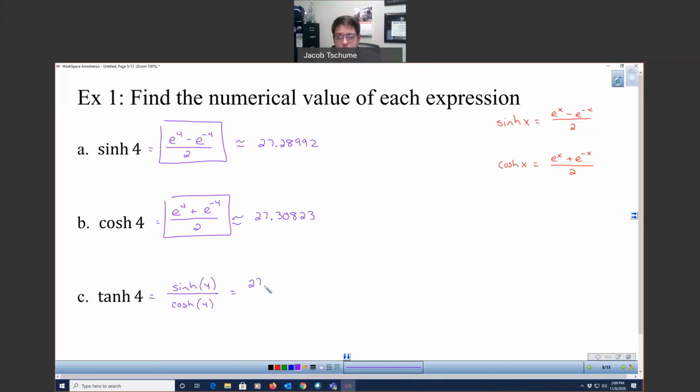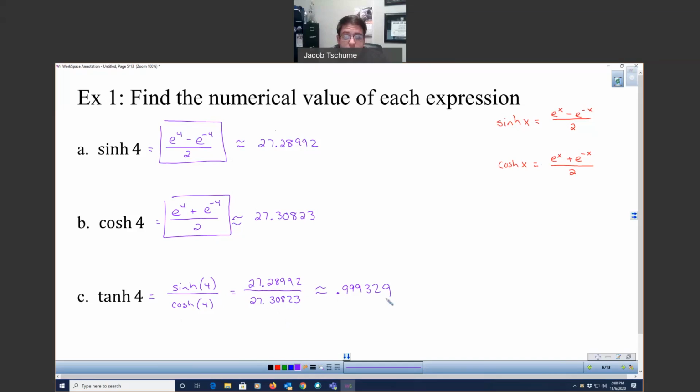So this would be the 27.28992 I found on the first part, divided by the 27.30823 I saw on the second part. And if you type that into your calculator, you're going to get a number very, very close to 1. How about 0.999329?